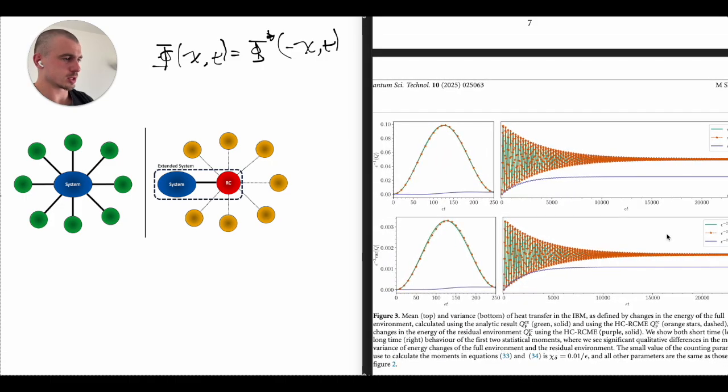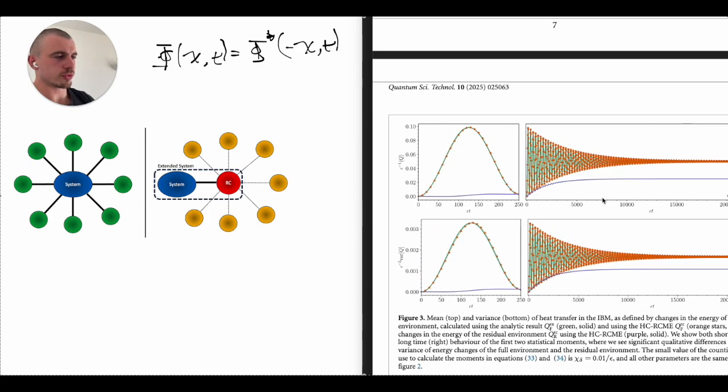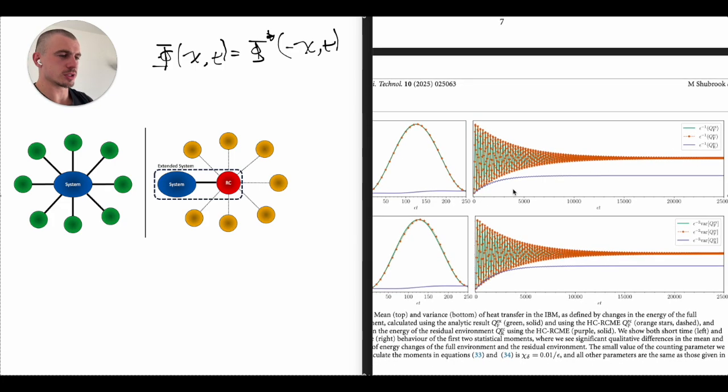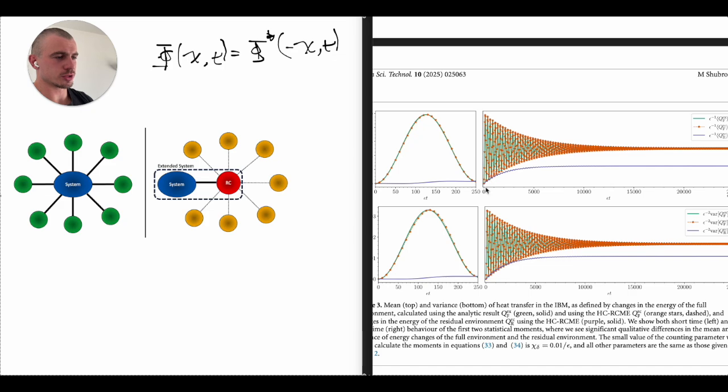So first of all, let's just explain what's happened in this plot. So in the top row, we have the mean, and in the bottom row, we have the variance, and things are scaled appropriately by energies, so that things are dimensionless. And let's see, so the left-hand plot shows a very small region of time, and then the right-hand plot shows a long region of time.